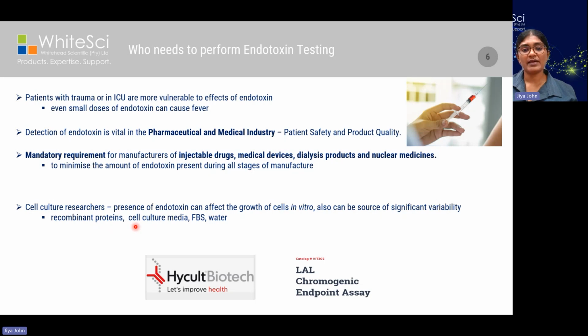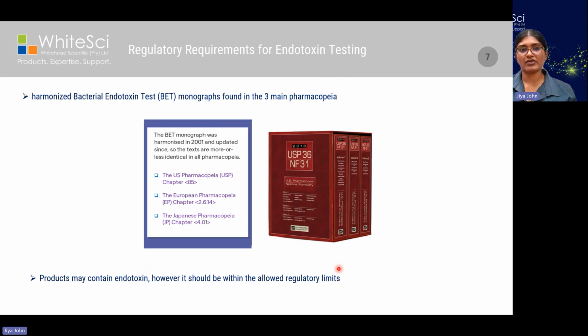So for those labs that are doing research work, we do have a research use only kit for testing the endotoxin. This would be from our supplier, Highcult Biotech, where they have a chromogenic endpoint assay that you can make use of. So that is basically just a brief introduction on endotoxin and why we need to test for it.